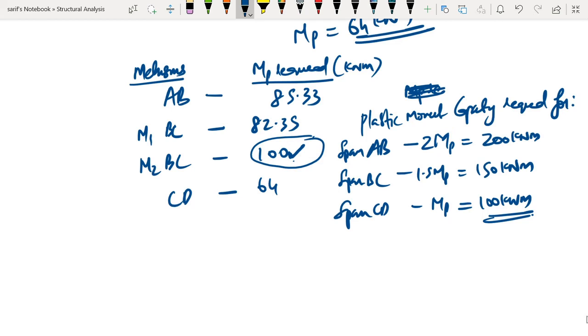So after having got all the plastic moment capacities, we will be designing the structure for the largest capacity requirement, so that it is safe for all other cases. I hope this is clear to you.